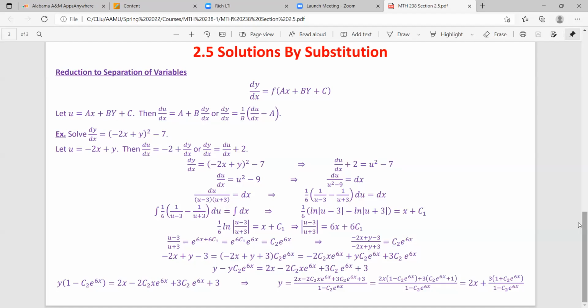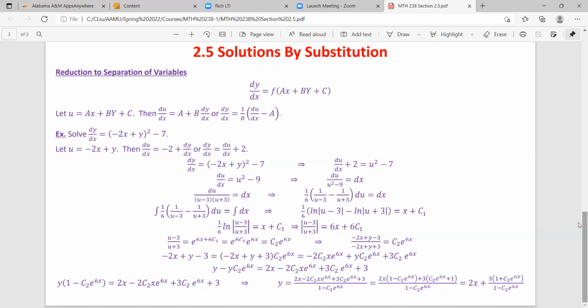So what you get is 1 over 6 times (natural log of absolute value of u minus 3 minus natural log of absolute value of u plus 3) equal to x plus some arbitrary constant. We use C1 to denote it.